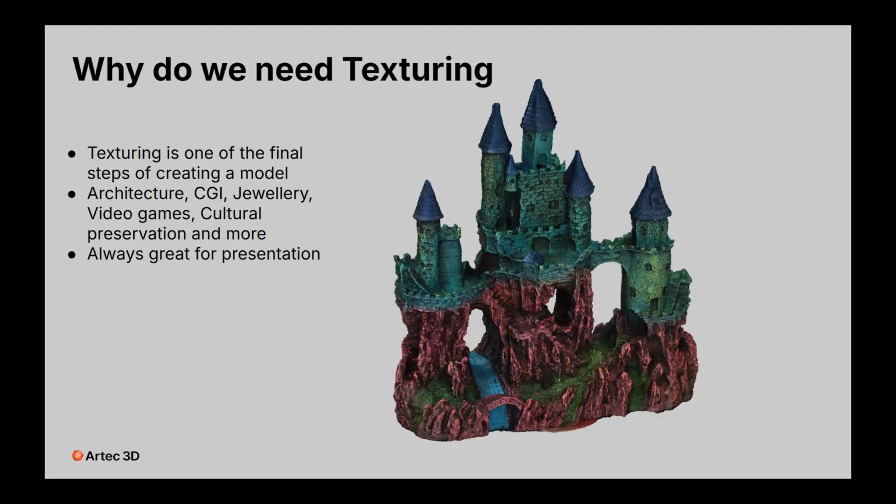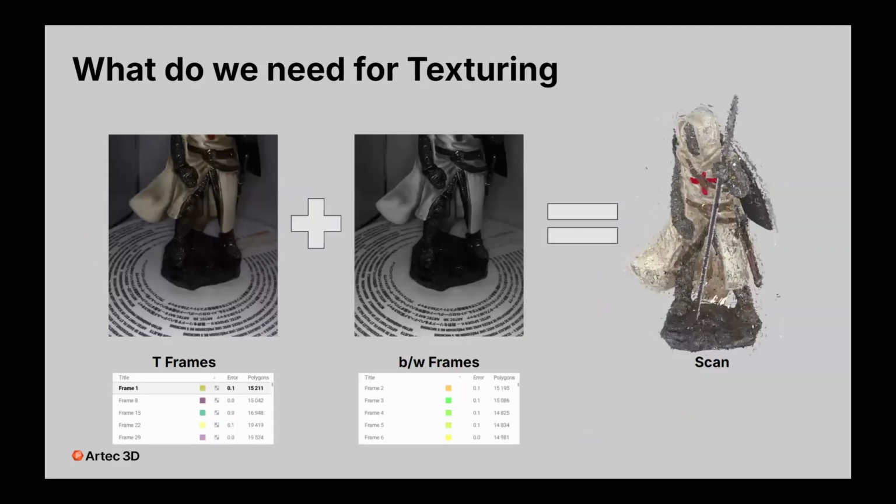Sometimes you even pay more attention to the texture in this case rather than to the geometry. So you need really accurate colors for presentation purposes. And apart from that, texture is always great, even for presentation. So let's say even in automotive industries, sometimes applying texture might be really great for the presentation to the customer, such as an auxiliary feature. So yeah, it's always good to have that.